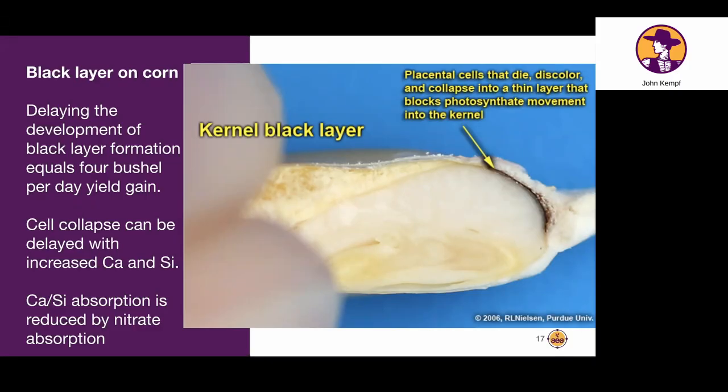So when we look at corn and the formation of black layer, we know that every day that we can delay the formation of black layer gives us an additional 4 bushels per acre yield. So if we can extend the grain fill period and push black layer back, we can have a significant yield response really quickly. And so the question is, what causes black layer and what is black layer?